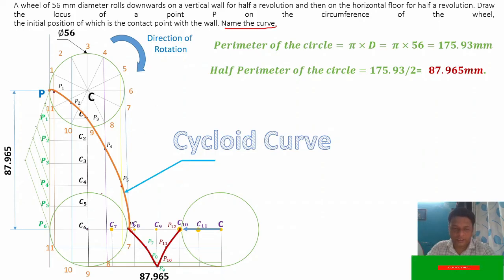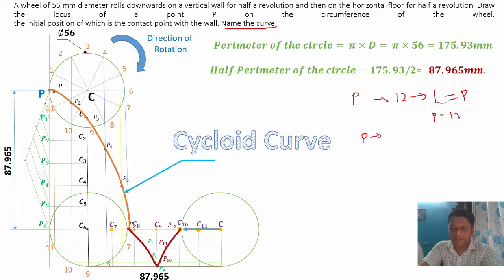When we come to this stage, it looks very complicated, but it is not complicated because we have to follow some rules. First, we have to identify the initial point P, then divide the circle into 12 parts, then draw the baseline equal to the perimeter of the circle, then divide this perimeter into 12 parts, then project these base points on the center line and mark them as C1, C2, C3, C4.